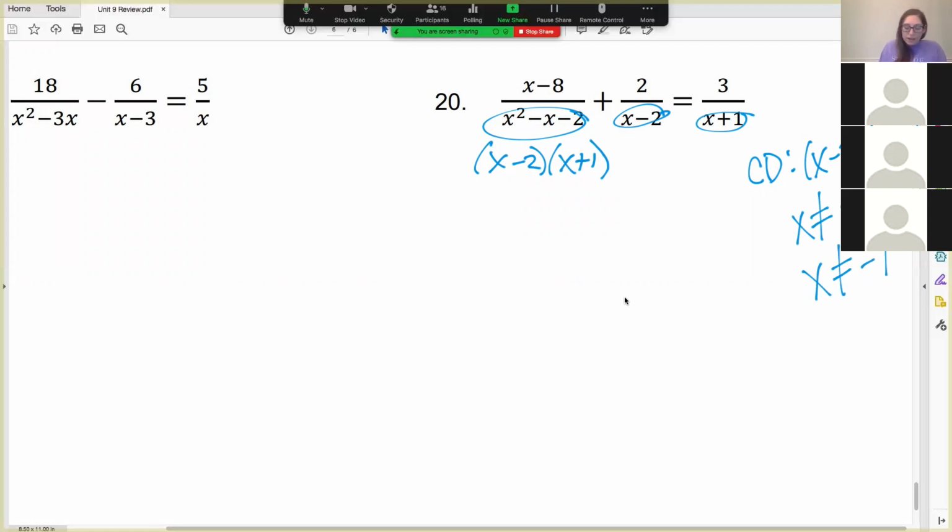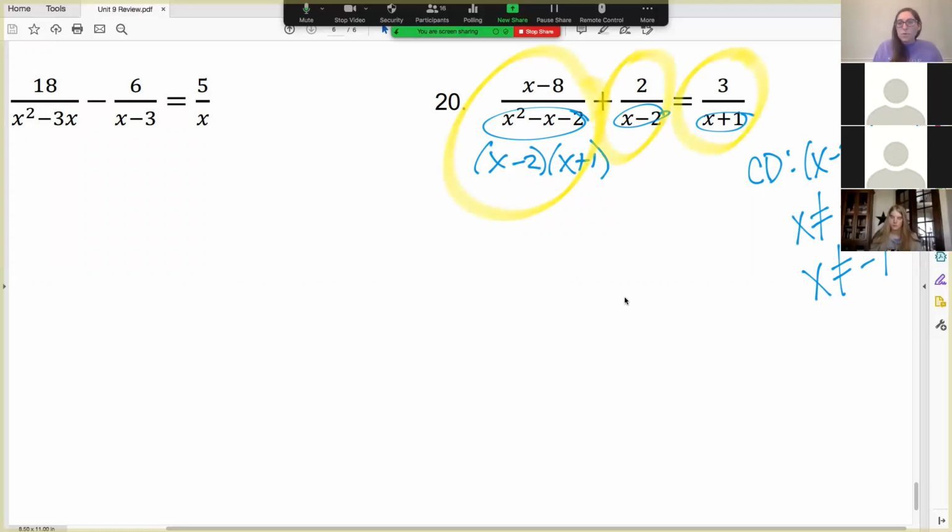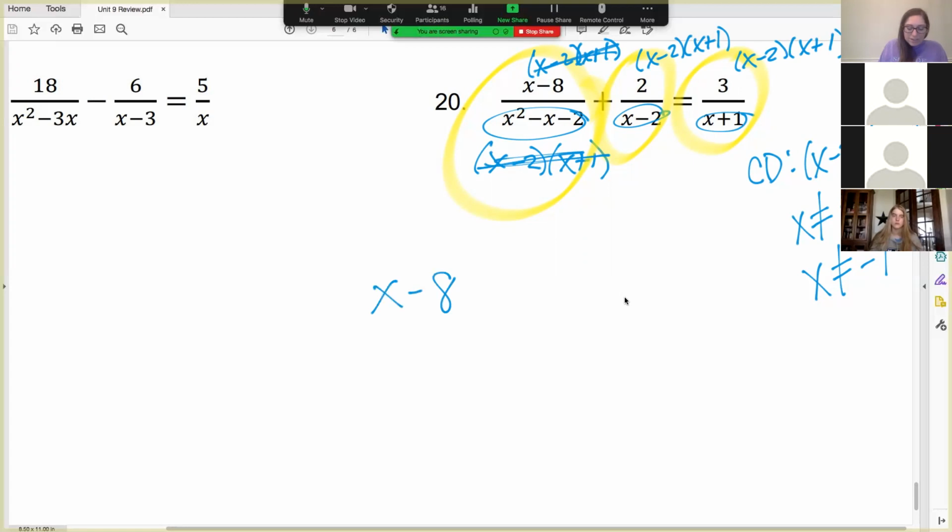Then I take each fraction, 1, 2, 3, and I multiply all three of them by the common denominator, which is x minus 2, x plus 1. So first fraction, they end up canceling out. So I just have x minus 8.